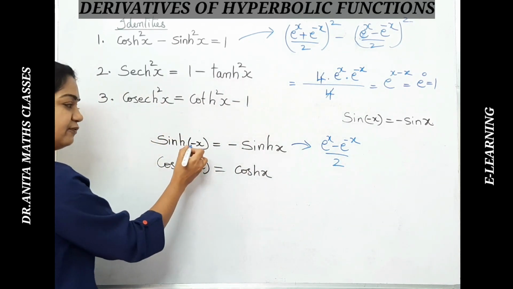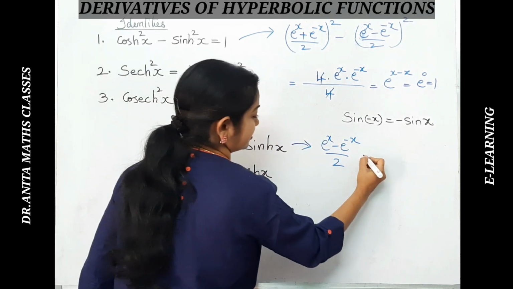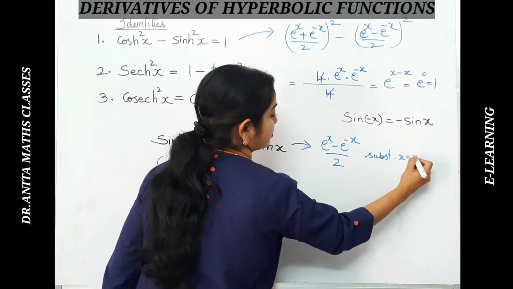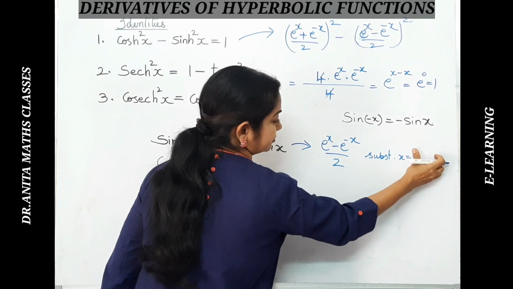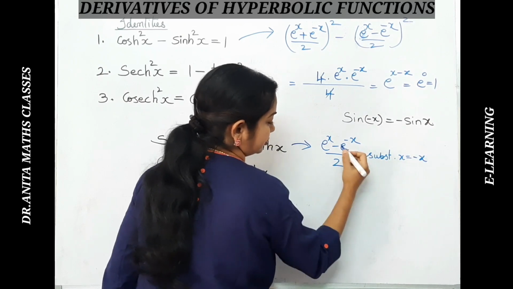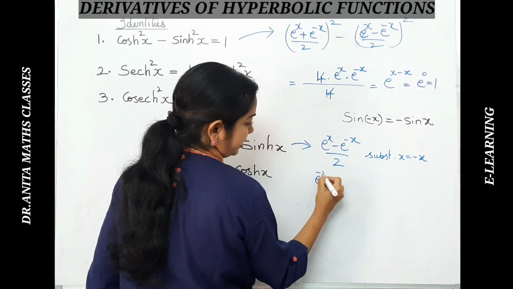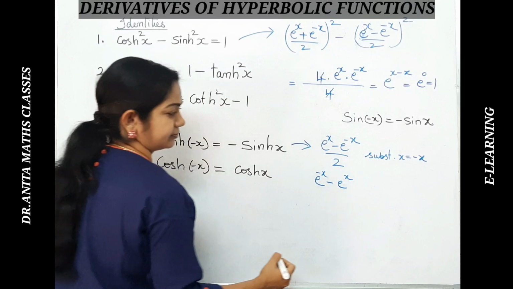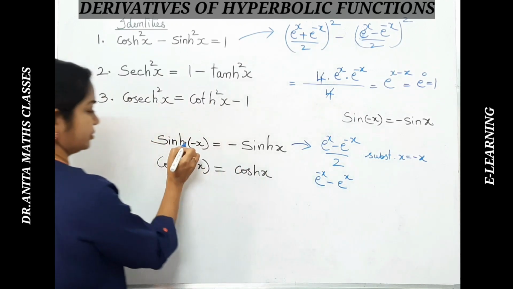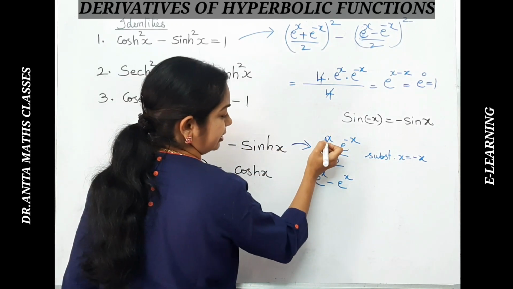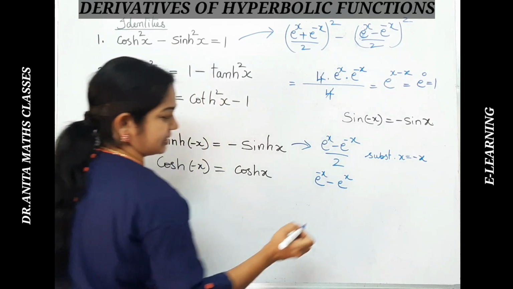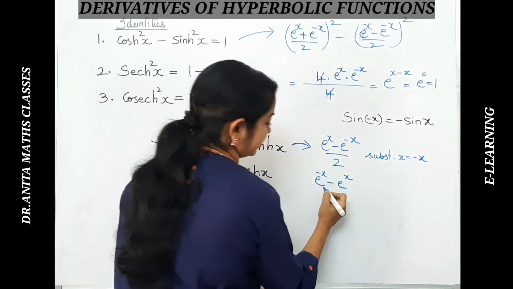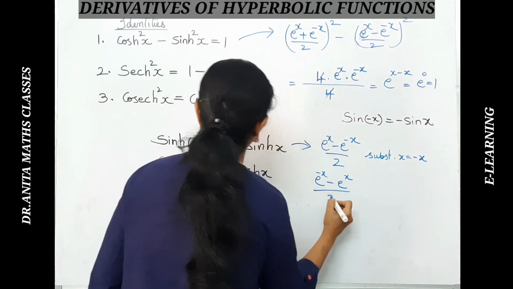Here in this, if you substitute x is equal to minus x, so here e raised to the power of x becomes e raised to the power of minus x, and minus of e to the power of minus x becomes e raised to the power of x, by 2 we get.